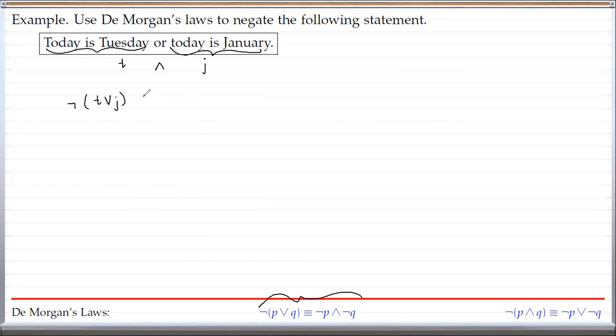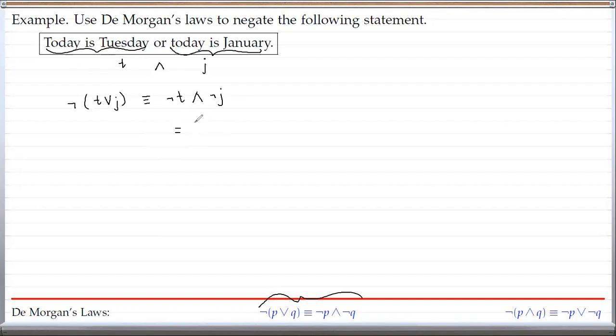Then using that formula, we have not T and not J. So let's write it back in terms of what we are given.